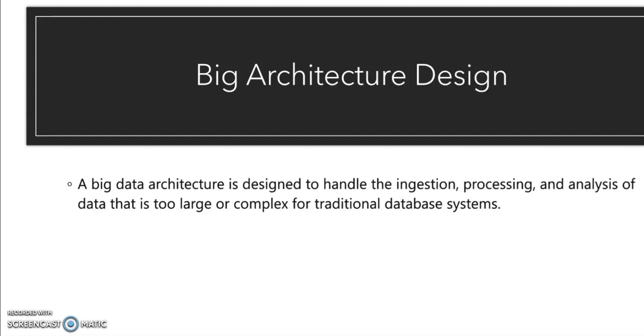So in the next diagram, we will see how things flow: we take the data from the resources, it could be from Microsoft Dynamics 365, and then we store the data, afterwards batch processing takes place, and then the analysis of the data, and then the reporting of the data.